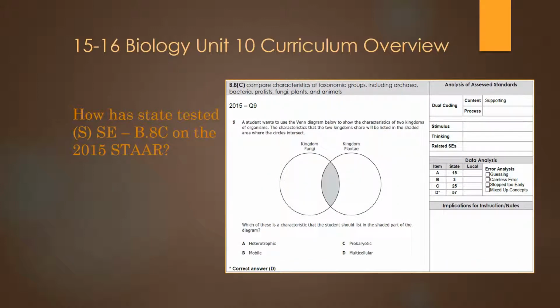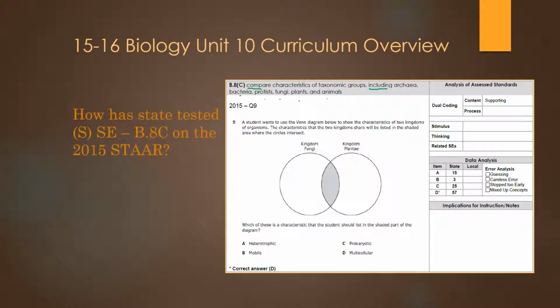And our last SE of focus is B8C, compare. Compare characteristics of taxonomic groups. Now it says including, so it's telling you exactly how they're going to be assessed, which taxonomic groups they're going to be assessed on, which is archaea, bacteria, protists, fungi, plants, and animals.